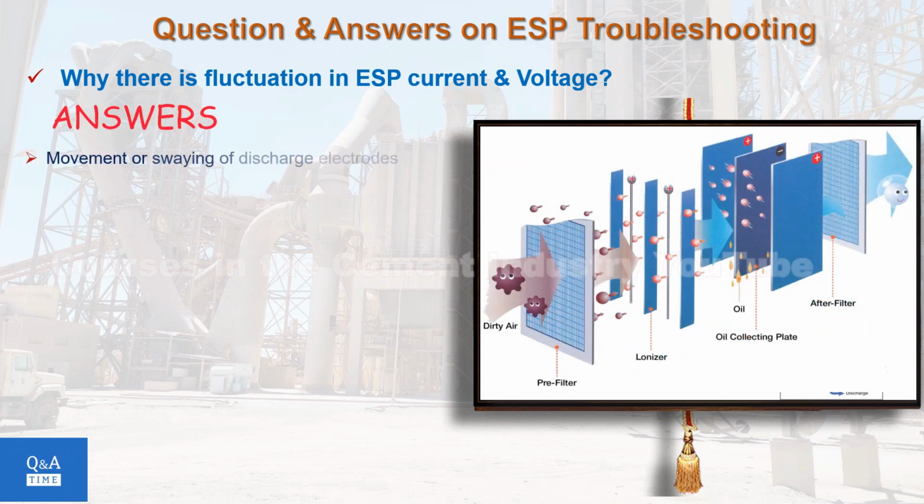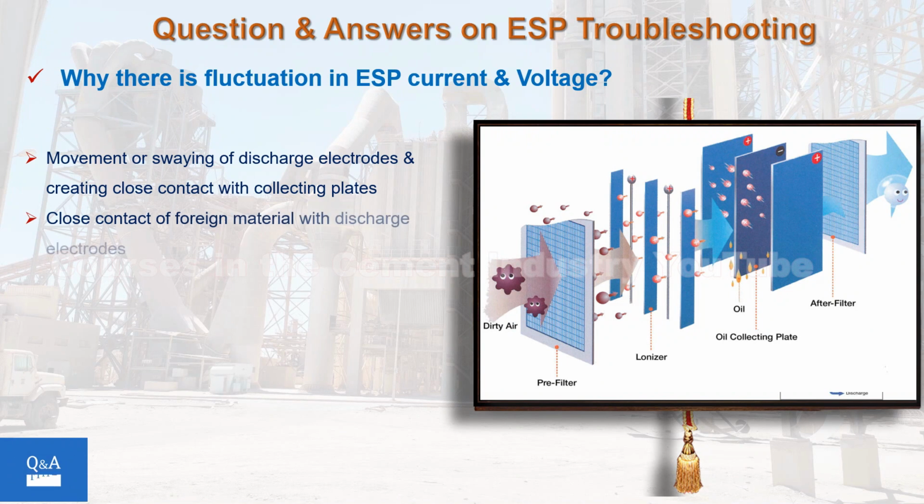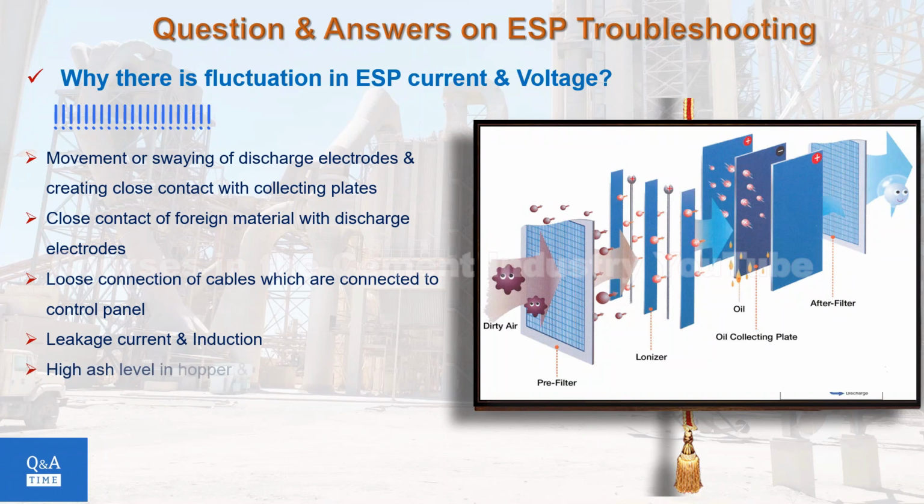Movement or swaying of discharge electrodes, and creating close contact with collecting plates. 2. Close contact of foreign material with discharge electrodes. 3. Loose connection of cables, which are connected to control panel. 4. Leakage current and induction. 5. High ash level in hopper, or touching discharge electrodes.